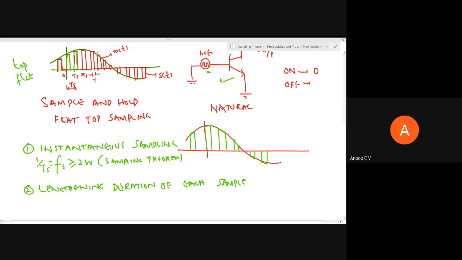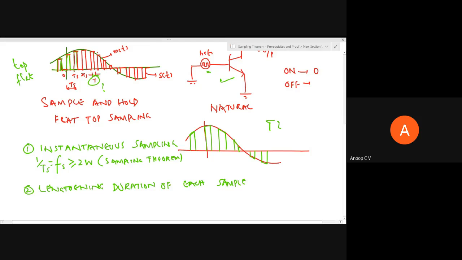So in order to reduce the bandwidth requirement, we extend the duration of the pulse to T seconds. So what should be this T? For that, we need to do some mathematical analysis.